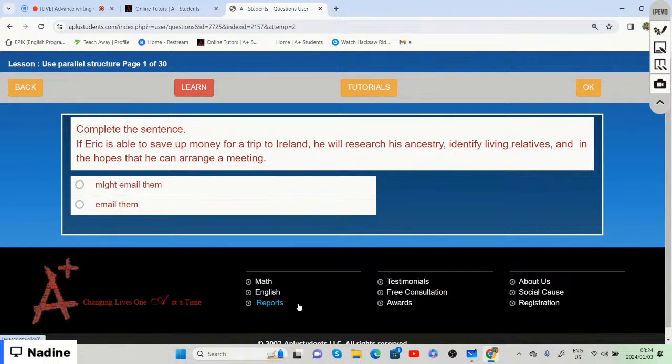So if Eric is able to save money for a trip to Ireland, he will research his ancestry, identify living relatives, and in the hopes that he can arrange a meeting. So we need to complete the sentence. We need to choose either he is going to email them or he might email them.